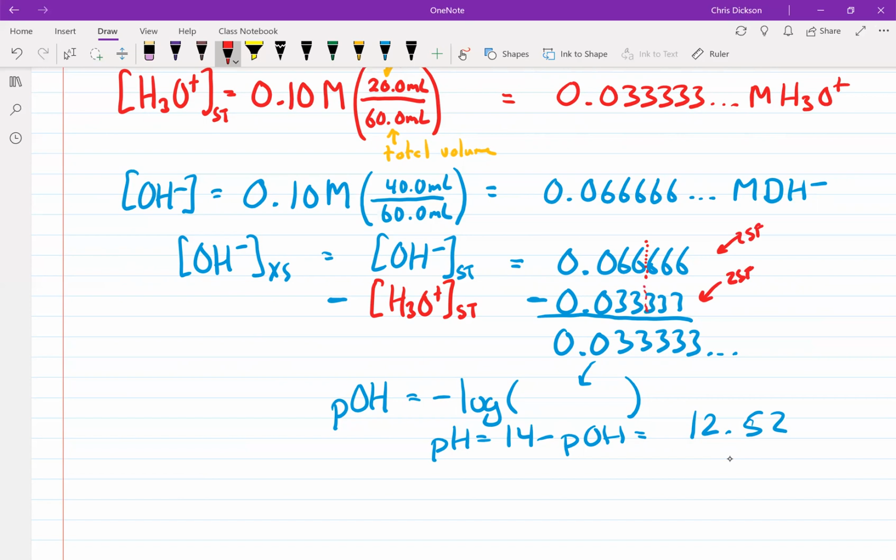So whenever we subtract these numbers, our number is only valid to the third decimal place. Not 3 sig figs, third decimal place. So that number has 2 sig figs in it. So our final answer has to have 2 sig figs in it, which it does, which is 12.52.